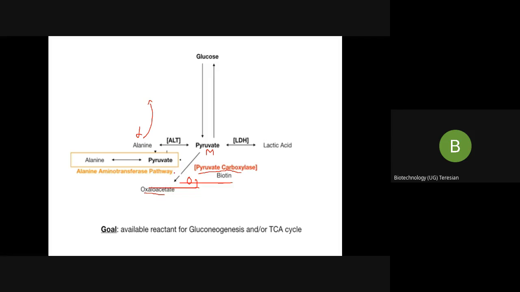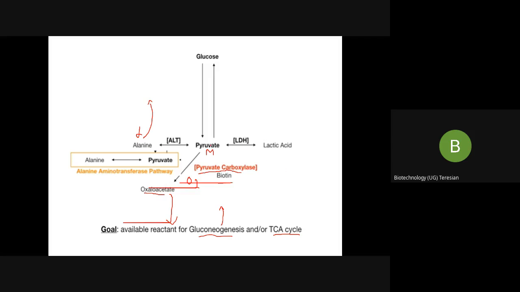It has come from the pyruvate, and this oxaloacetate acts as a reactant for gluconeogenesis, that is the reverse, from pyruvate to glucose formation. Also, it is one of the intermediates of your TCA cycle.